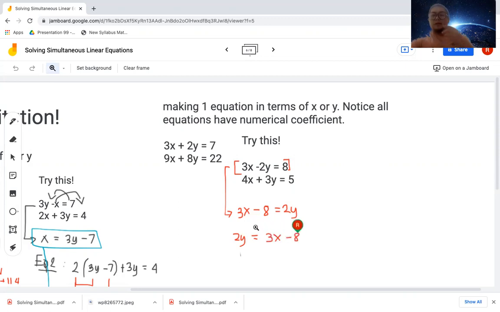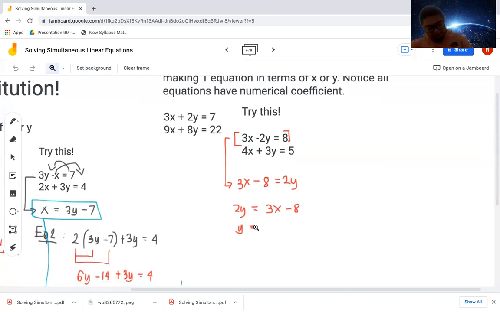So from here, you can now create an equation in terms of y, wherein y is the result if you have 3x minus 8 divided by 2. Okay, so now this is going to serve as your equation number 3.